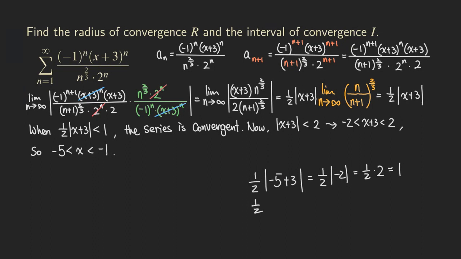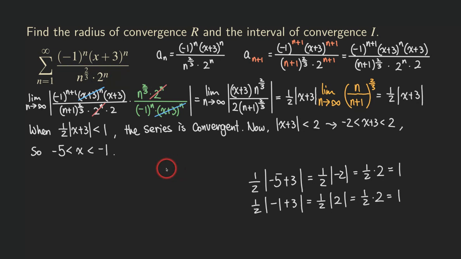Same thing for the case when we plug in negative 1. When x is equal to negative 1, we get 1 over 2 times 3 minus 1, which is just 1/2 times 2, still equal to 1. We actually have no information from the ratio test when the limit is equal to 1. The series can either converge or diverge.